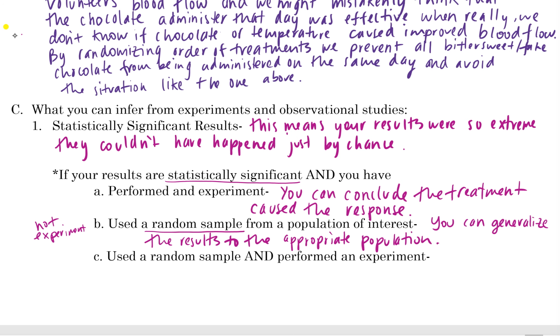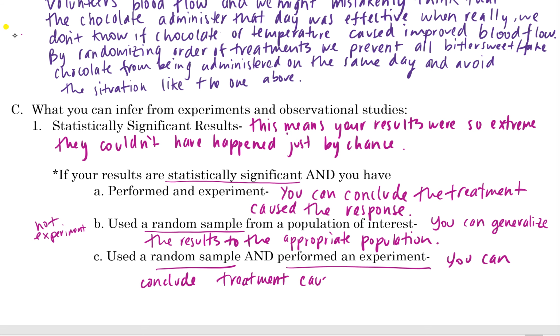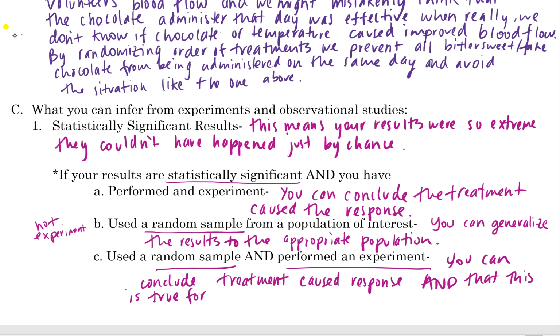And if you used a random sample and you performed an experiment and your results were statistically significant, you, my friend, can conclude that treatment caused the response, and that this is true for the whole population.